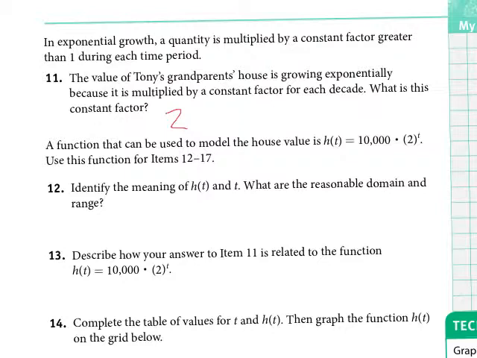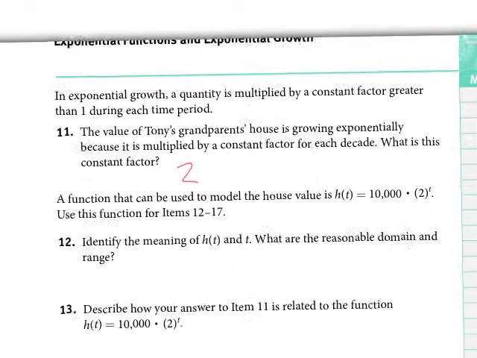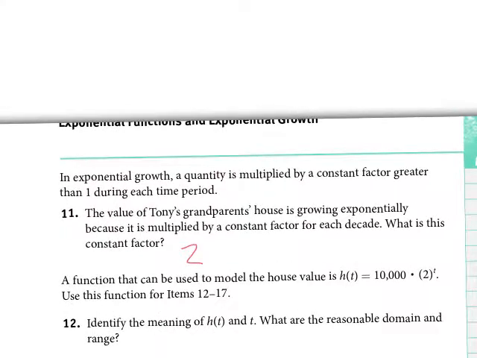You know what? I think I skipped something on the last page, on the bottom of the last page. I can't scroll back because of my video, because it'll mess my video up. But scroll back up to the very bottom of the previous page, and I'll just highlight the important part. The important part out of that little box down at the bottom is that it tells you every exponential function is f of x equals a times b to the x power.